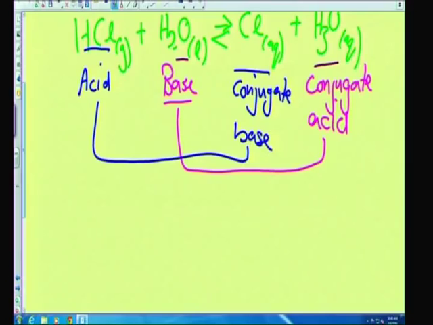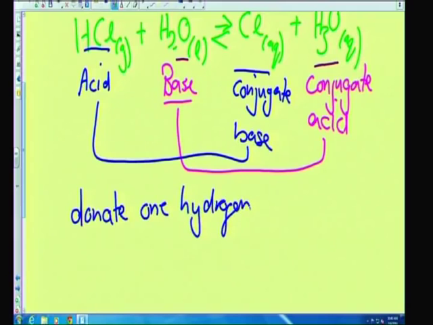But very clearly and very important about these particular reactions, I've chosen this particular acid, HCl, because it donates 1 hydrogen ion. And we call this monoprotic.